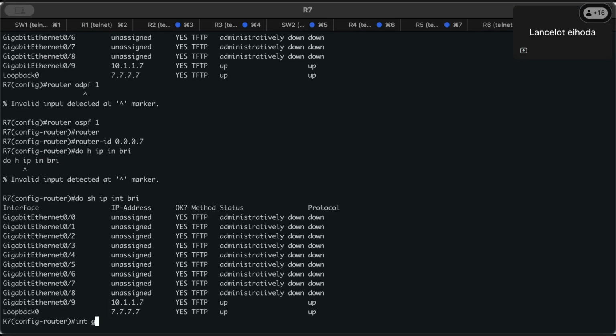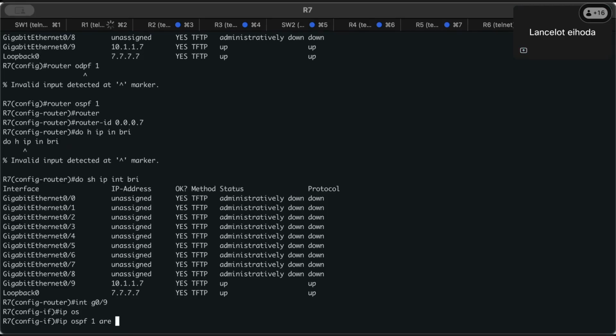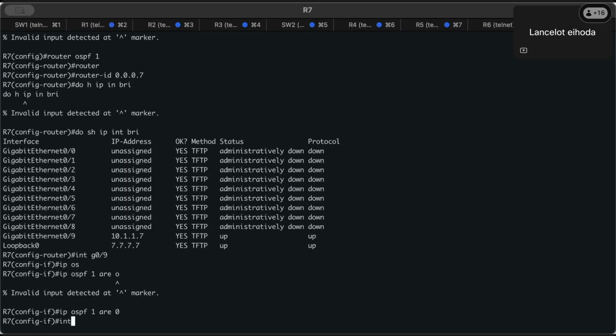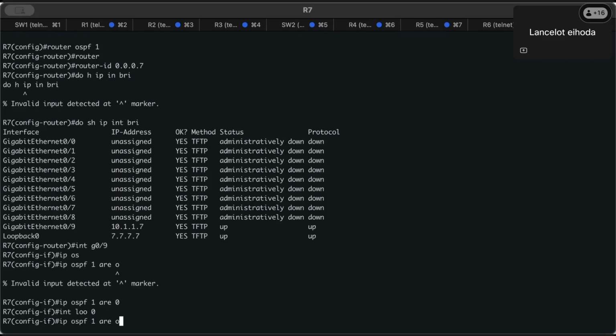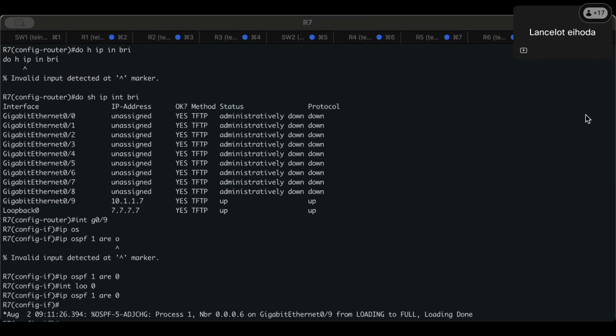So interface G0/9. Okay. Now these machines are connected on that interface.